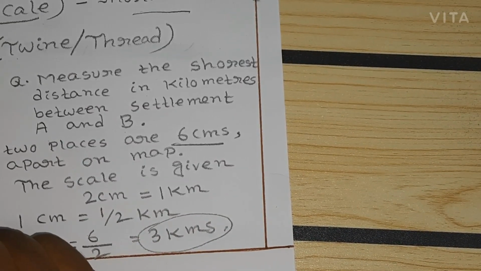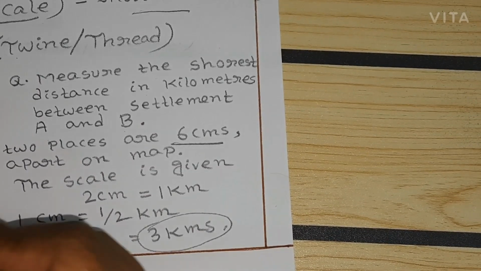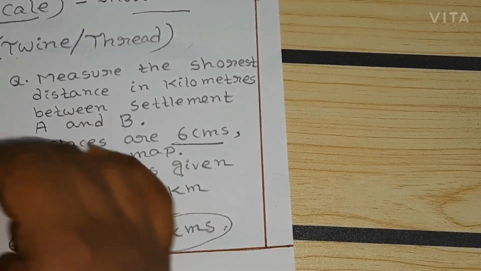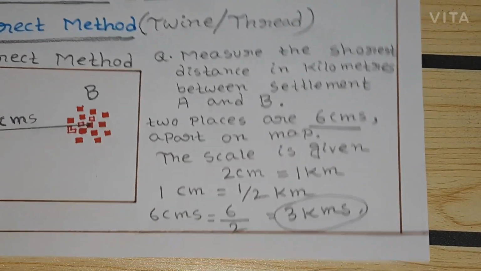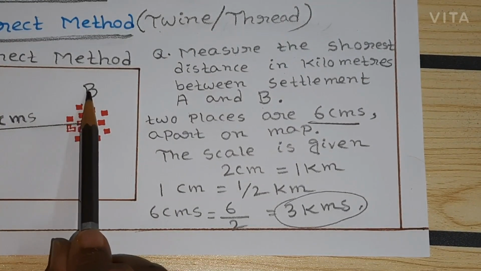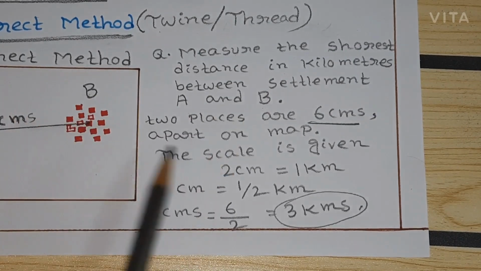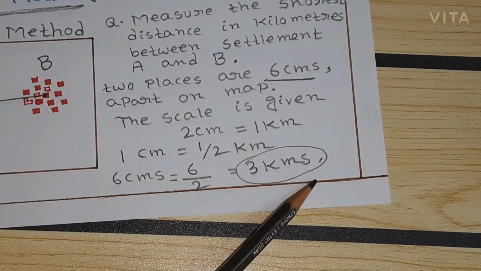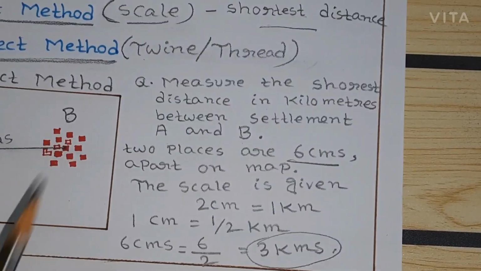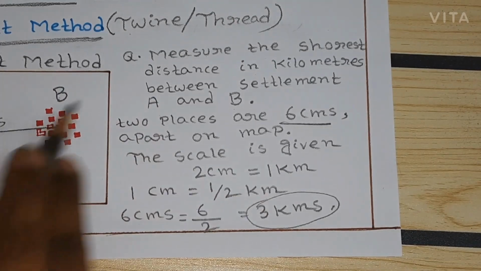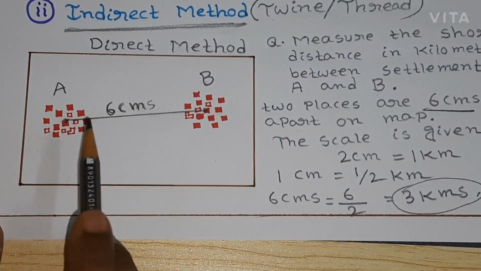So we can say that after using this direct method, we got to know the distance between settlement A and settlement B on the ground, that is 3 kilometers. Okay, but on the map that is 6 centimeters. Okay, hope it is clear. So this is how you need to do the calculation for direct method.